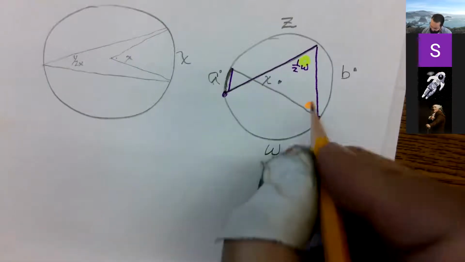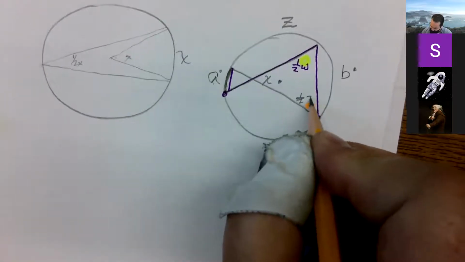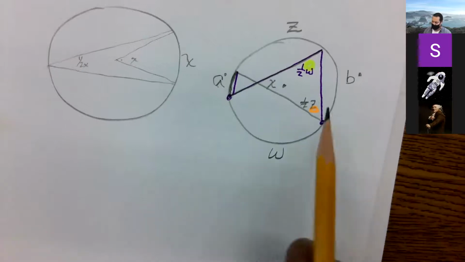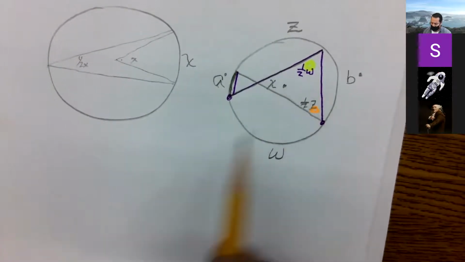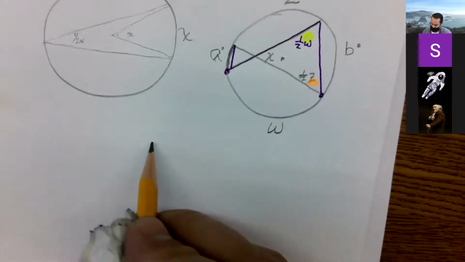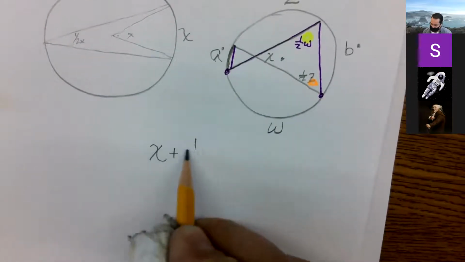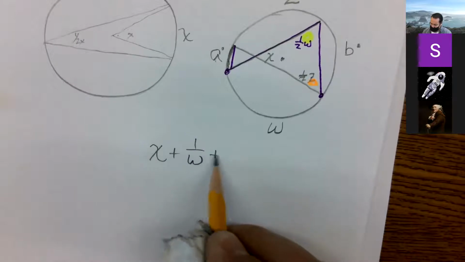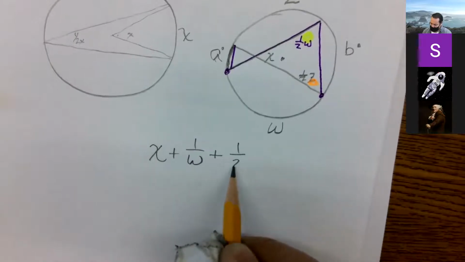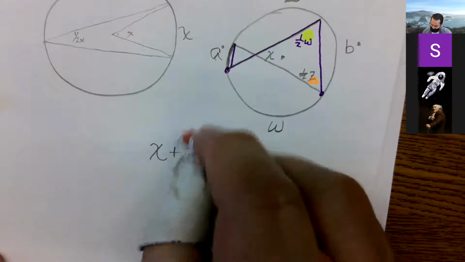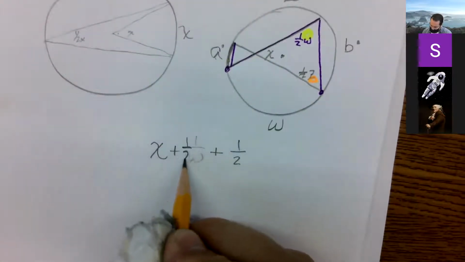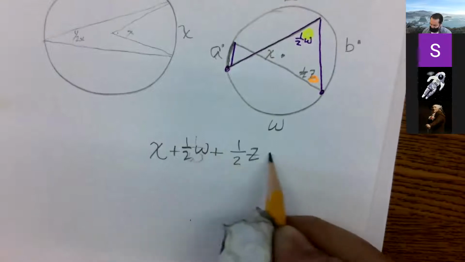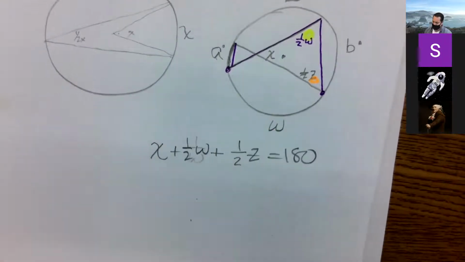Good, 1/2 of Z. Okay, I now have a triangle with these three angles. And we know that in any triangle, the three angles add up to how much? Good. So X plus 1/2 W plus 1/2 Z equals 180 because it's a triangle.